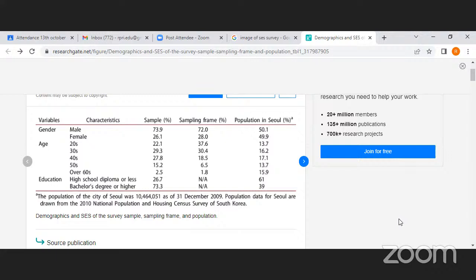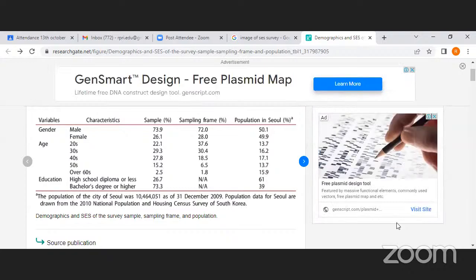This is clear to all of you. So this is basically the nominal scale. So male, female, or age 20s, 30s, 40s, 50s, over 60s. So they are the categories. Okay. Since they are the categories, you cannot calculate the average. You cannot calculate the standard deviation. Then how do you manage that data?